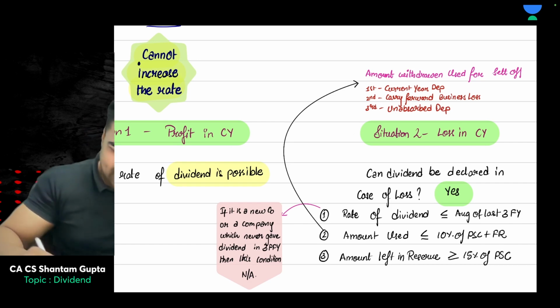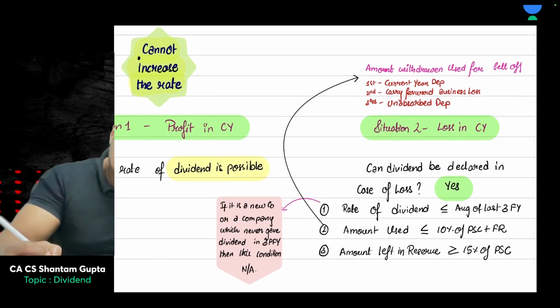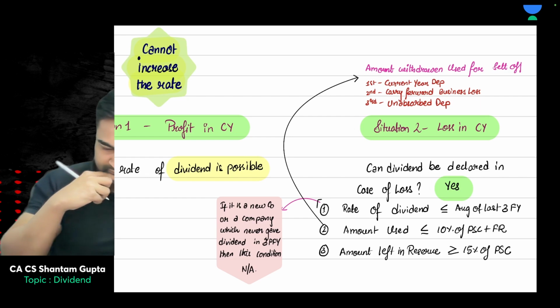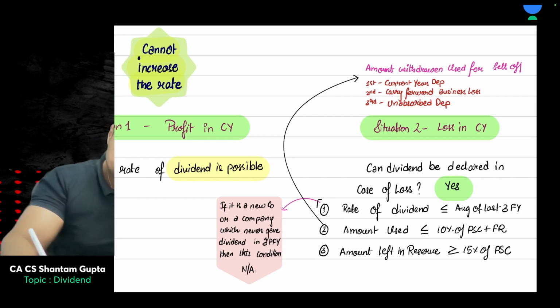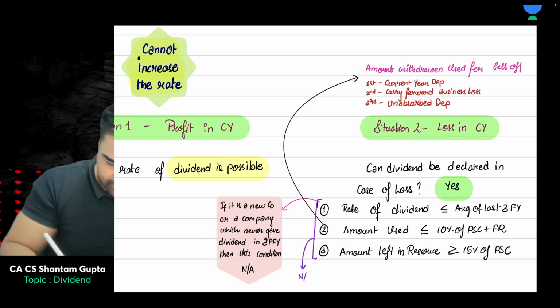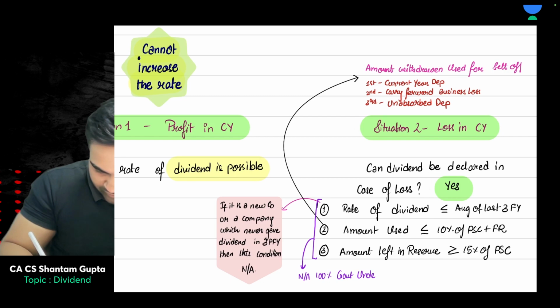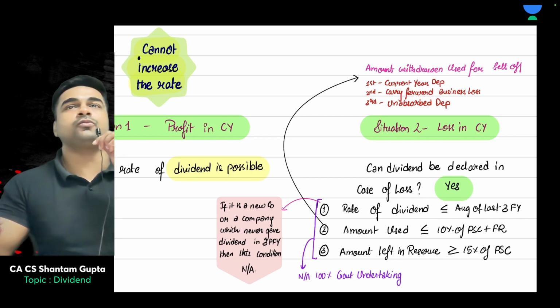But this is not applicable for a 100% government undertaking. Let's try purple. So for a 100% government undertaking, these three conditions won't be applicable.